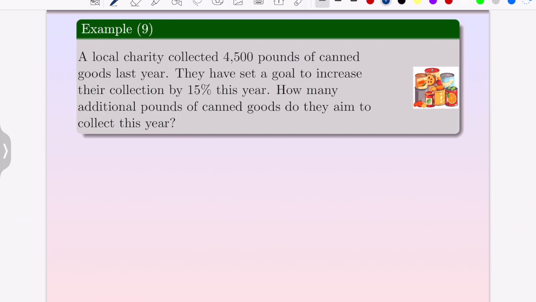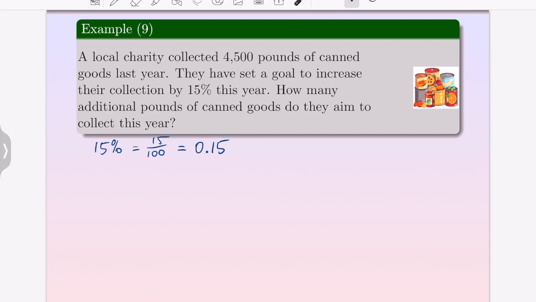Example 9, a local charity collected 4,500 pounds of canned goods last year. They have set a goal to increase their collection by 15% this year. How many additional pounds of canned goods do they aim to collect this year? So first we're gonna change the percentage into decimal. So we have 15%, which is 15 out of 100, and that gives me 0.15.